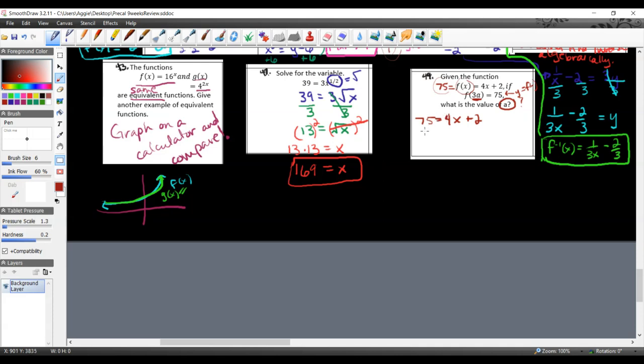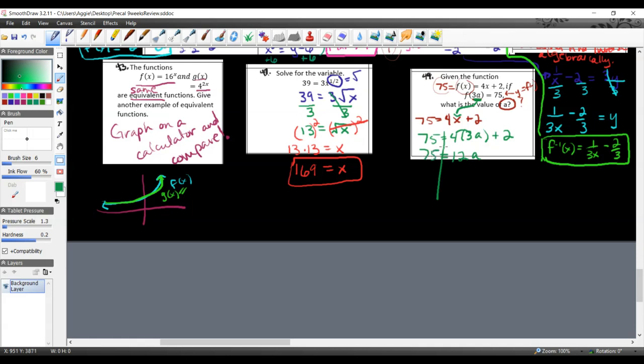But it tells us that this is only true when f of x is 3a. So I need to plug in 3a into here, into the x. So now I'm going to have 75 is equal to 4 times 3a plus 2. And this is what you're going to solve. Okay? So 4 times 3 is going to be 12a.